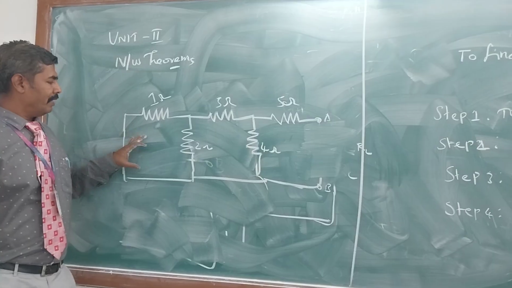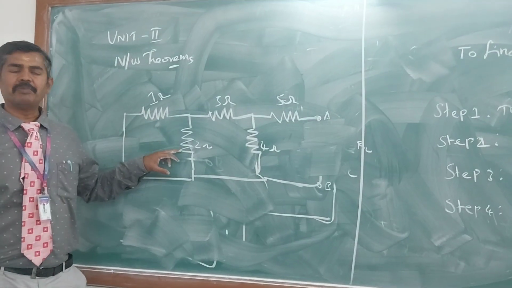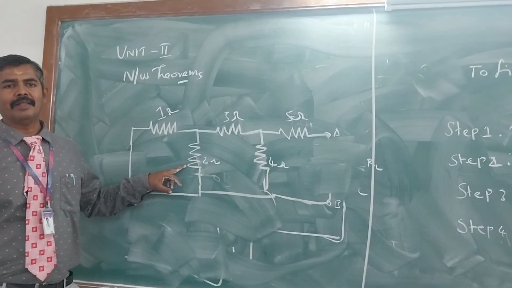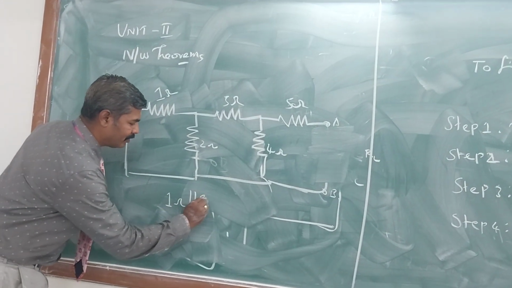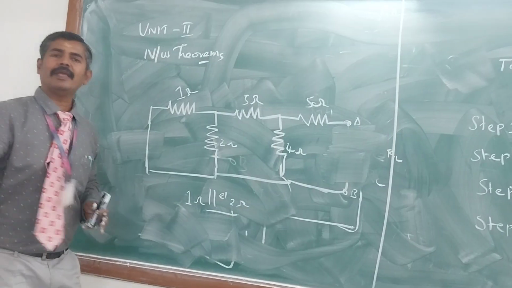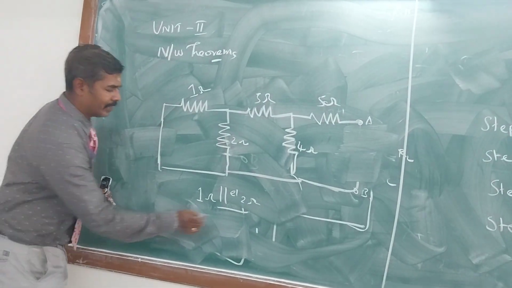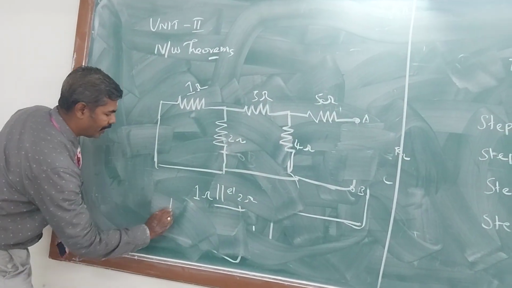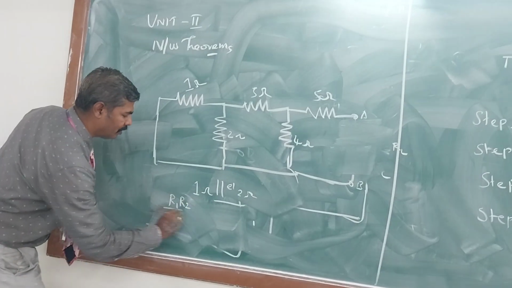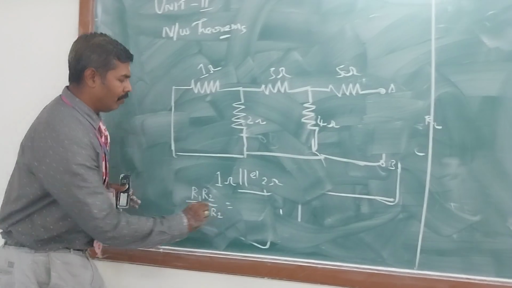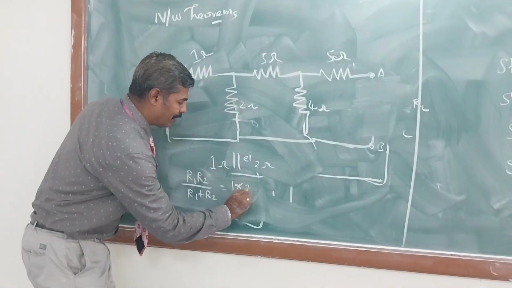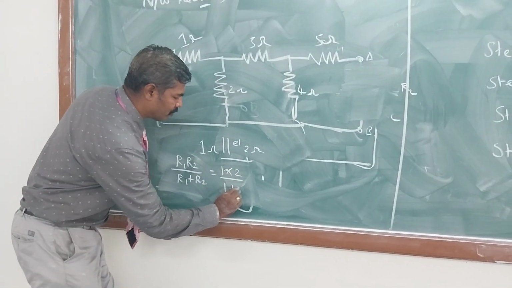First, you can see 1 ohm and 2 ohm are both in parallel. Here we are applying the parallel resistance formula: R1 into R2 divided by R1 plus R2. So 1 ohm parallel with 2 ohm means 1 into 2 divided by 1 plus 2.